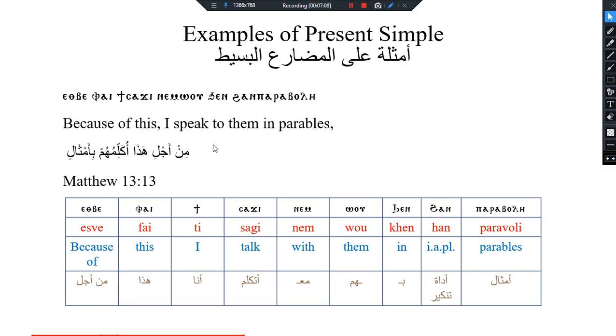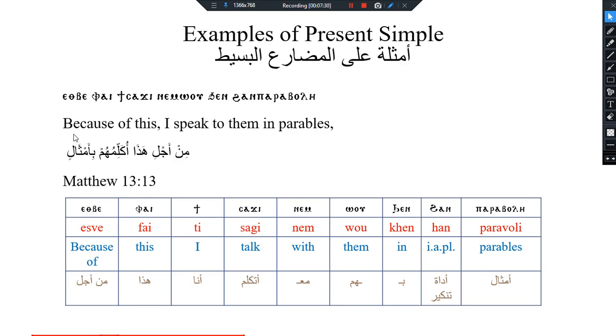Another example, here we have the verb followed by a preposition plus a pronoun. We here say, ebdje fai ti-sadji nemmo-ou chen han-parabole. It was mentioned in Matthew 13:13.